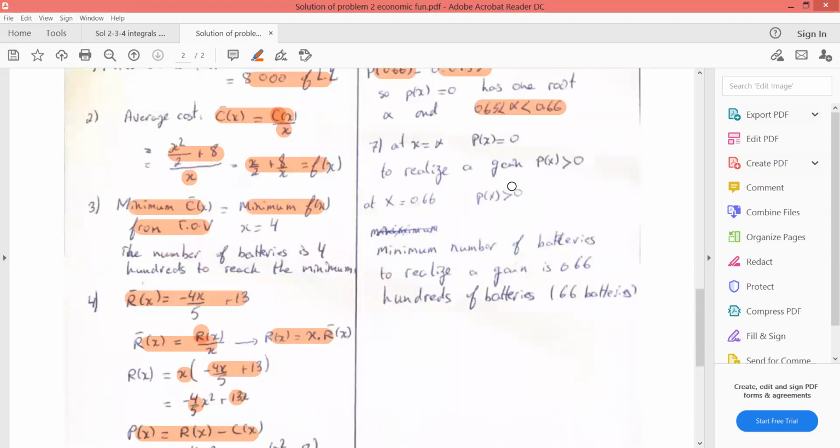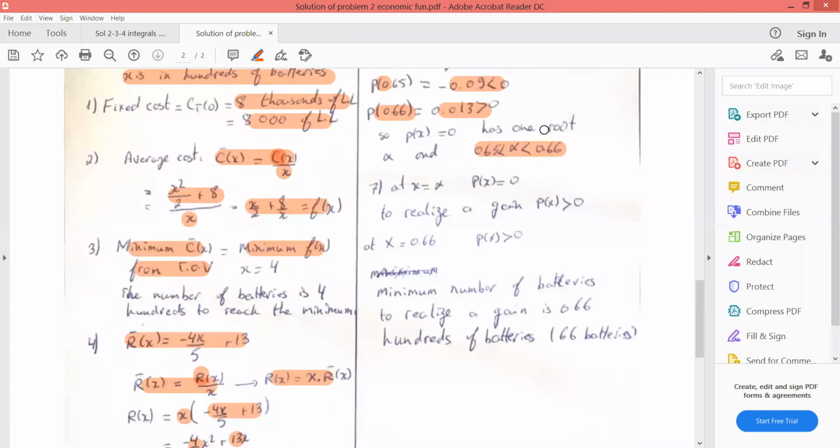From our previous part, p of 0.65 is negative, so here the profit is negative. P of 0.66, the profit is how much? 0.013, which is positive.